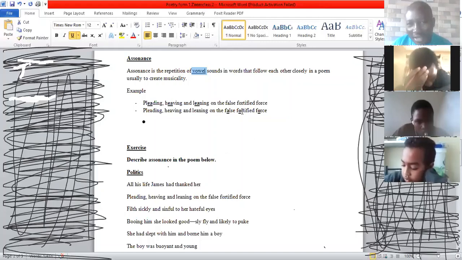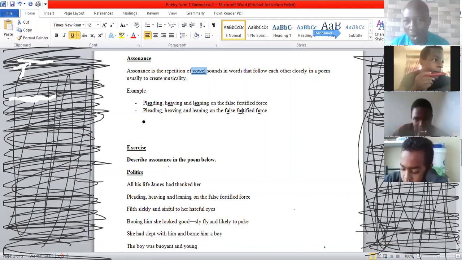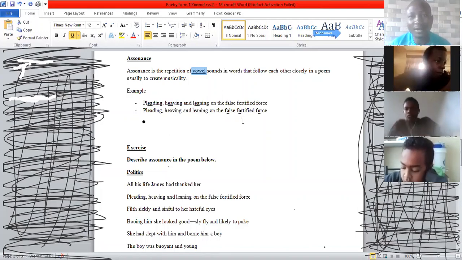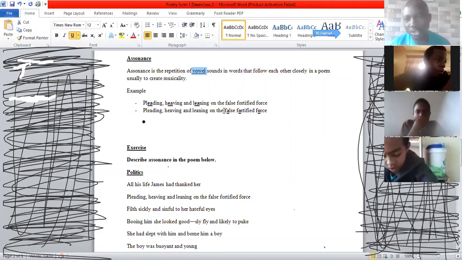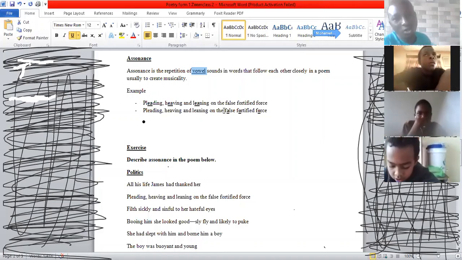Here, the sound is O, the same as the last one. So we are picking these three. Though two are produced by the same letter O, one of them is produced by the letter A, but the sound is a long O.